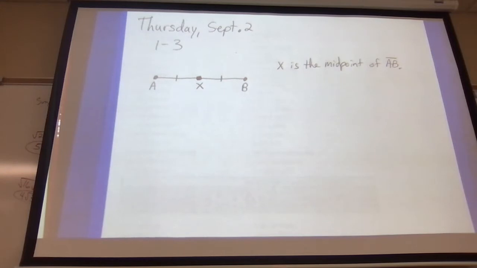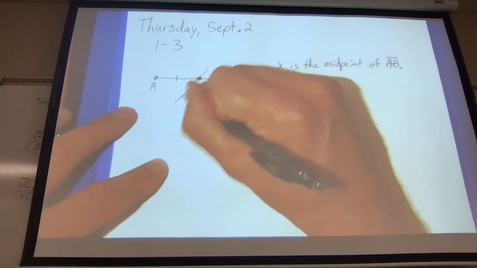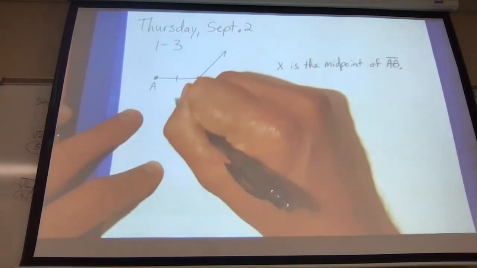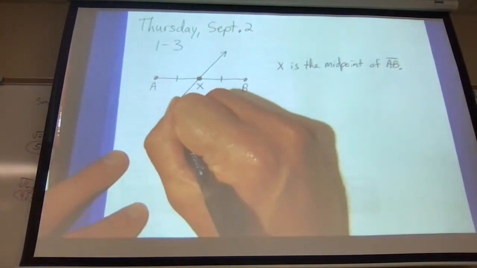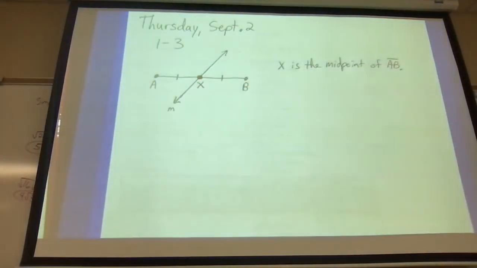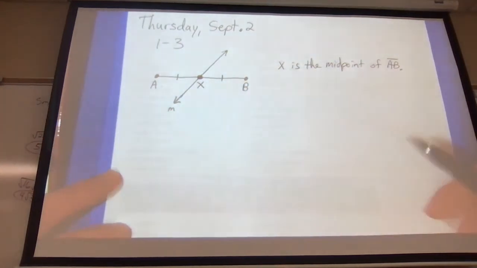And we just had another definition. Let's say I make a line or a segment or a ray, something along those lines, go through that midpoint. Let's call this lowercase m. We have a name for that line or that segment that goes through the midpoint of a segment. Do you remember what we call that when it goes right through the middle?